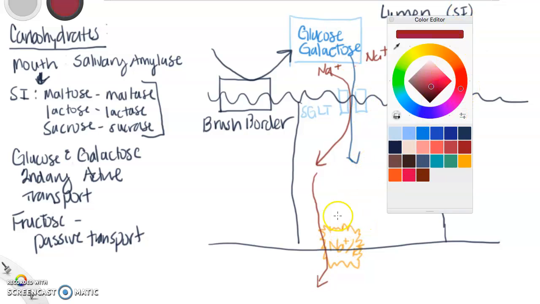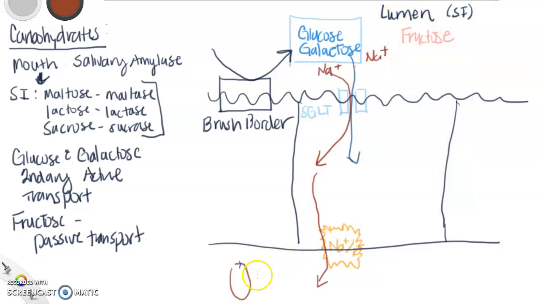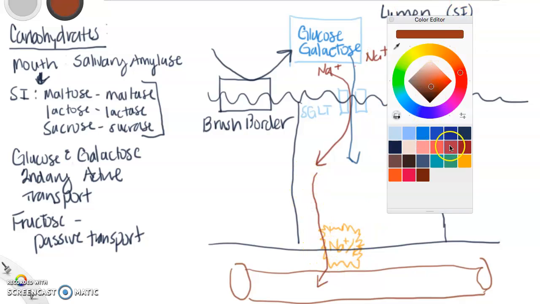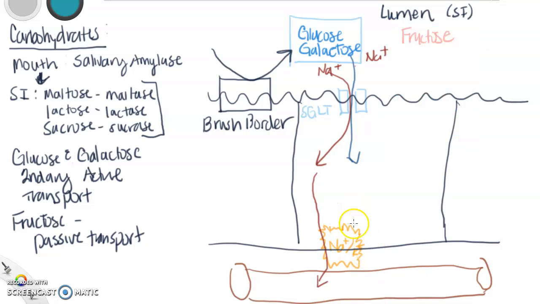And I need to put a little blood supply here. Same color, and I'm sorry, but here's my little blood. So it pulls that out into the blood and brings in potassium. And that will maintain this gradient to allow sodium to flow in readily, and it will bring in the glucose and the galactose through secondary active transport.